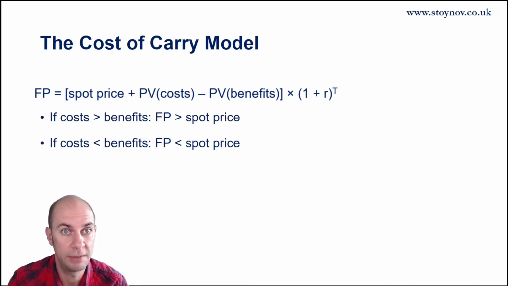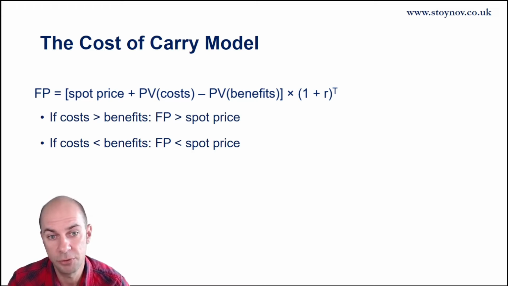So here think about what might be costs of carry. If it is a commodity, you probably want to store the commodity. You want to insure the commodity. The risk-free rate is also considered a cost of carry because for arbitrage purposes, you will need to borrow money today in order to buy the physical assets.